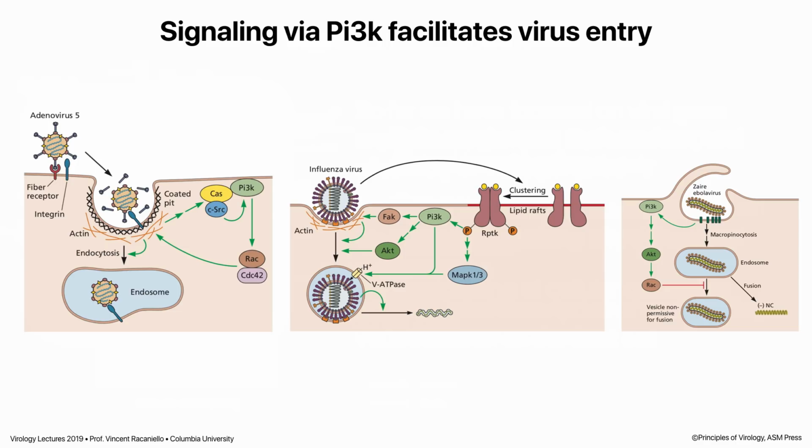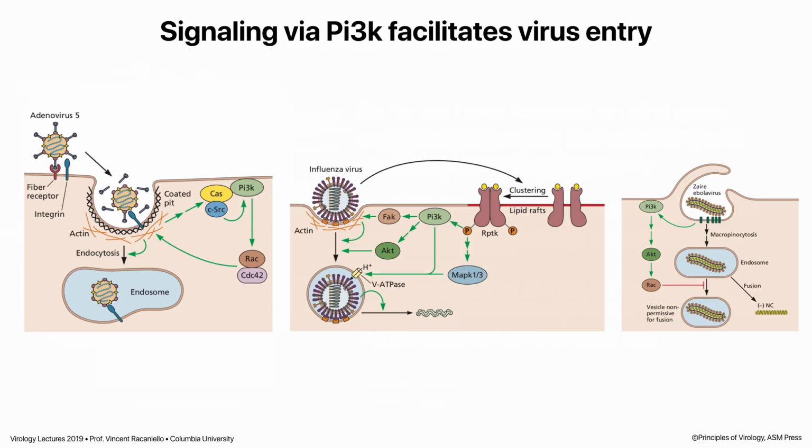It stimulates endocytosis. But there's another pathway here that's quite important. MAP kinase is activated by this dimerization of the receptor, and that upregulates the channel in the endosome membrane that pumps protons into the endosome and drops the pH. And that pH drop is what eventually will uncoat the virus by conformational changes in the hemagglutinin. So that's obviously important for virus entry, and that has evolved to facilitate this particular virus coming into the cell.